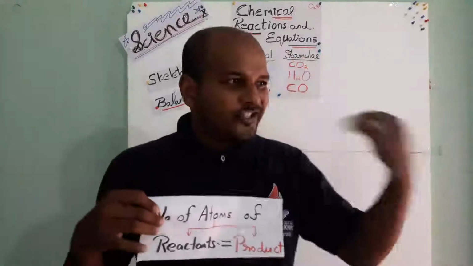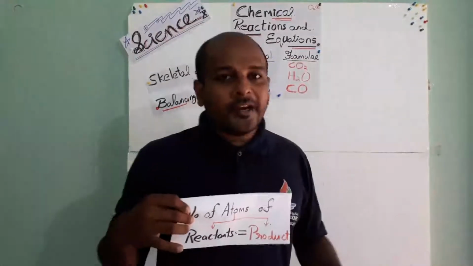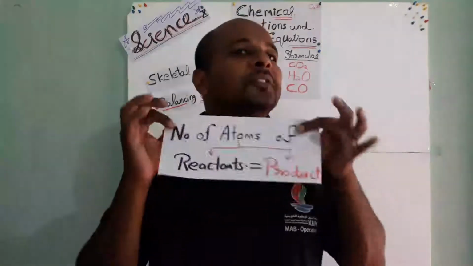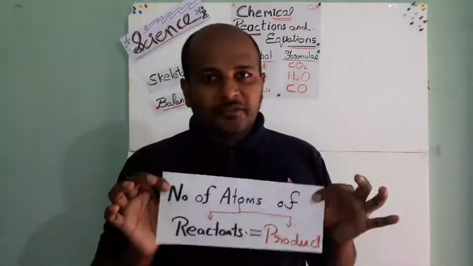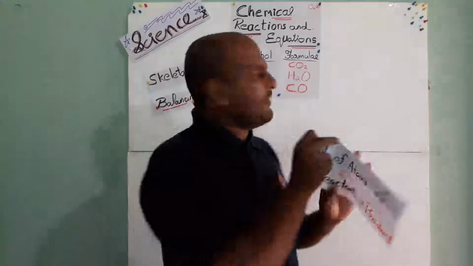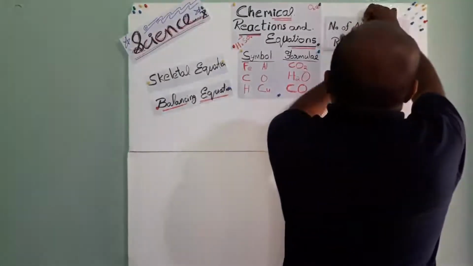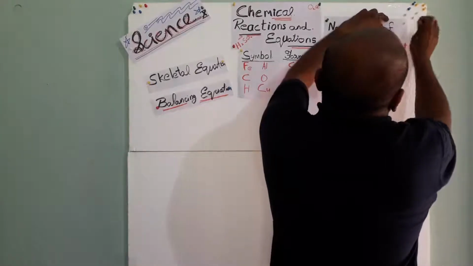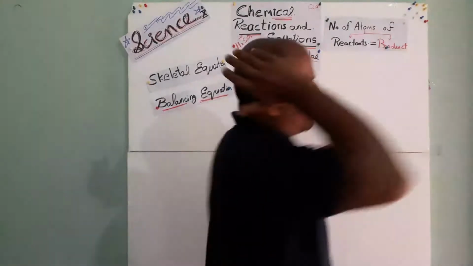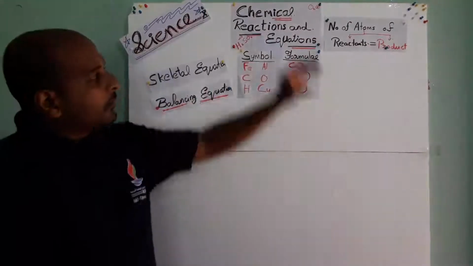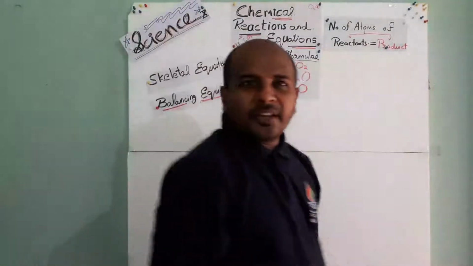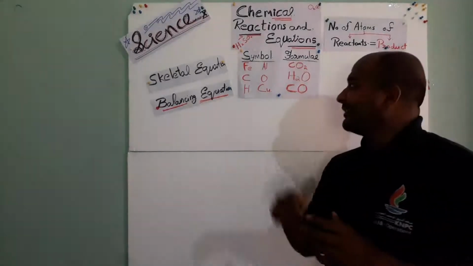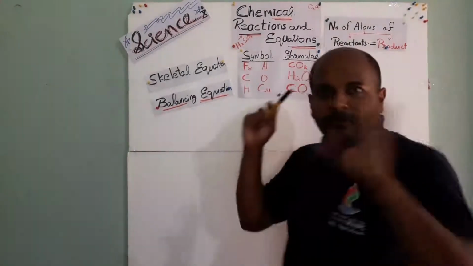Wherever you are, in Germany, in Japan, in America, in India, in Canada, or at home, this rule is a universal law of chemistry. Reactants every time come on the left side, and the products we are getting come on the right side. For all chemical reactions you see in this world, this rule will be constant.